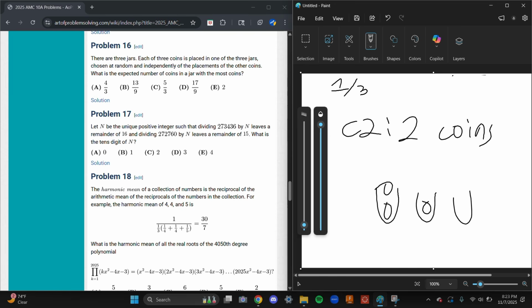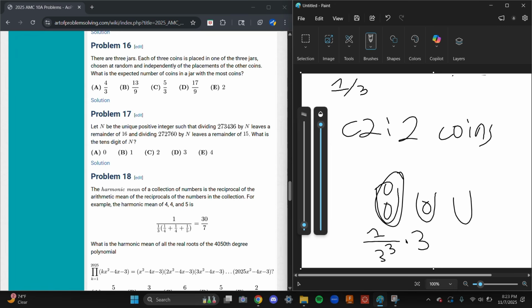So what's the probability of this coin configuration happening? Well, again 1/3 cubed is the raw probability of this happening, but I can really have any 2 of the 3 coins in this jar.